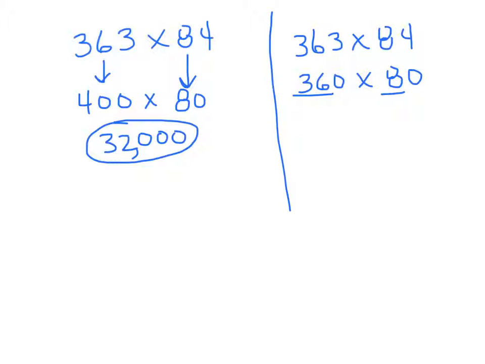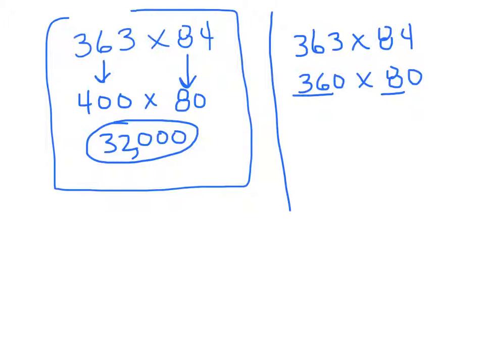But remember, the reason for estimating is so that you can do it quickly in your head, which is why I would choose to do it this particular way rather than this way. Generally, my rule is to round off the numbers to the highest place value that you are given, and that way you should be able to quickly get an answer to a multiplication problem.